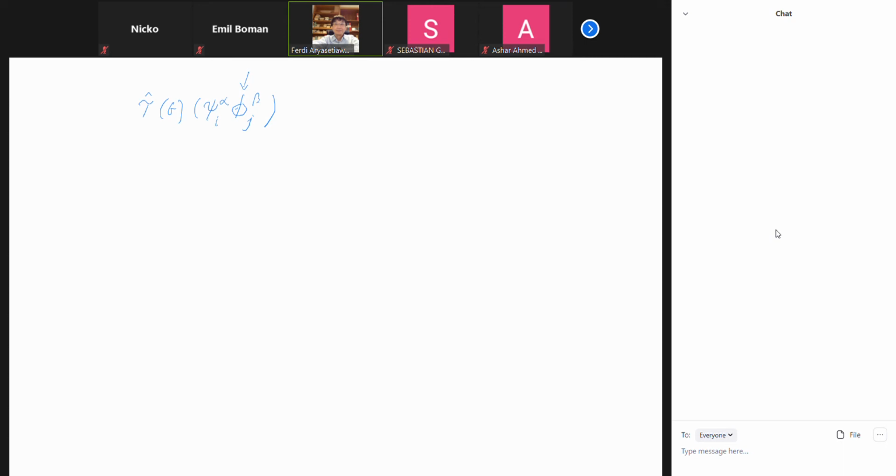So now we just use the fact that these psi alpha I transform according to the irreducible representation alpha. So then I can write it as a sum over k, say, psi k alpha here, and then I have T alpha k i of G, like that.